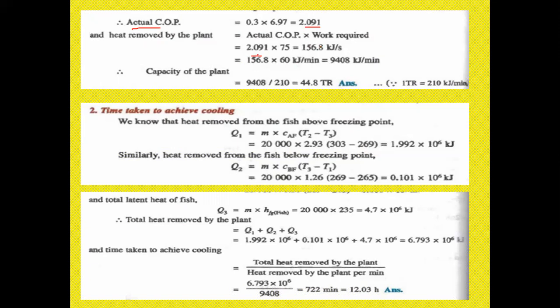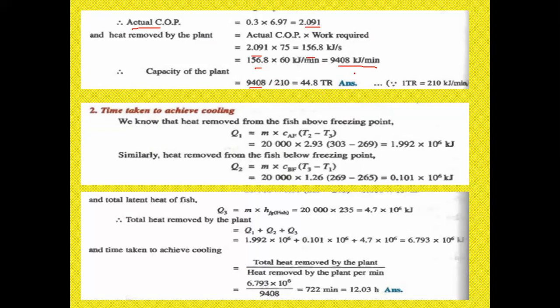So 2.09 into 75 is 156.8 kilojoules per second. Converting, 156.8 into 60 is equal to 9408 kilojoules per minute. Therefore, the capacity of the plant is the heat removed divided by 210.